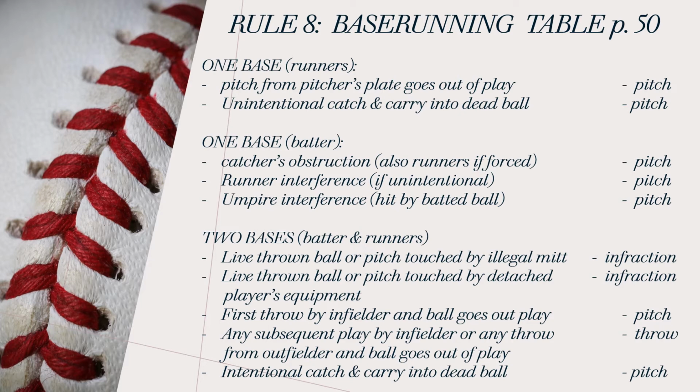If we have a live thrown ball or pitch that is touched by detached player's equipment, again, batter and runners get a two base award. So those two don't happen very often, but they can come into play sometimes.